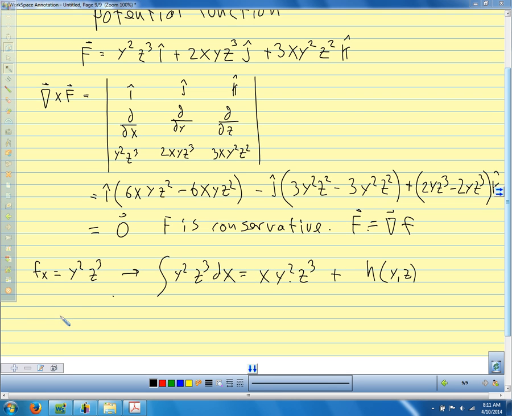All right, so we know that our partial with respect to y of our scalar function is 2xyz cubed. So we'll integrate that with respect to y. And when we integrate that with respect to y, we get xy squared z cubed, plus we possibly could have some function of x and z.